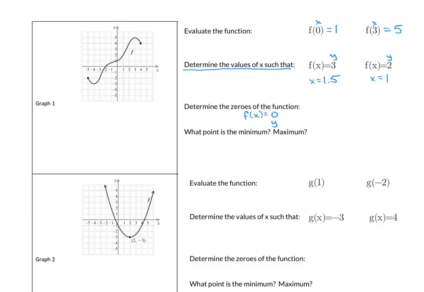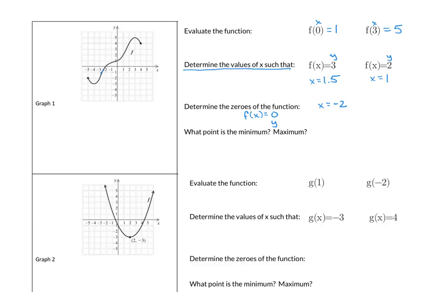So if we go ahead and look for the x-intercept, our x-intercept is right here. What is the x-coordinate of this? This is x equals -2.